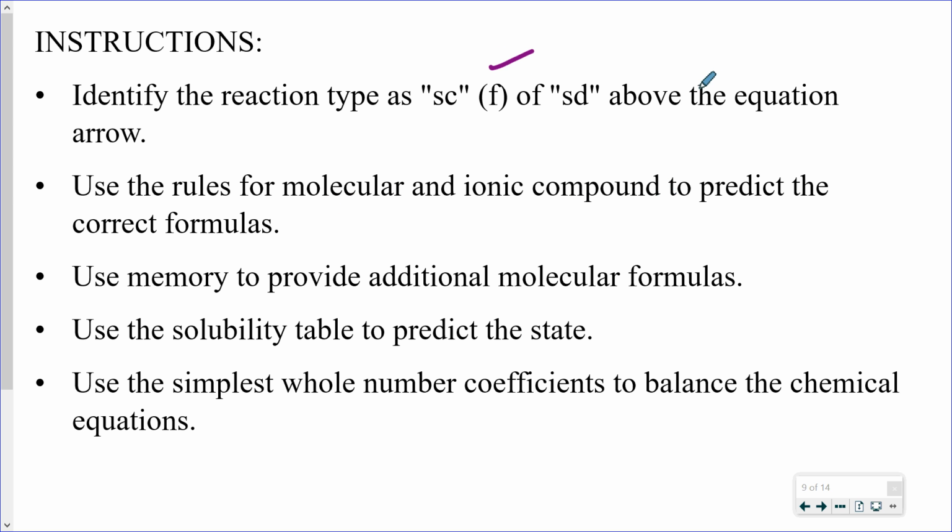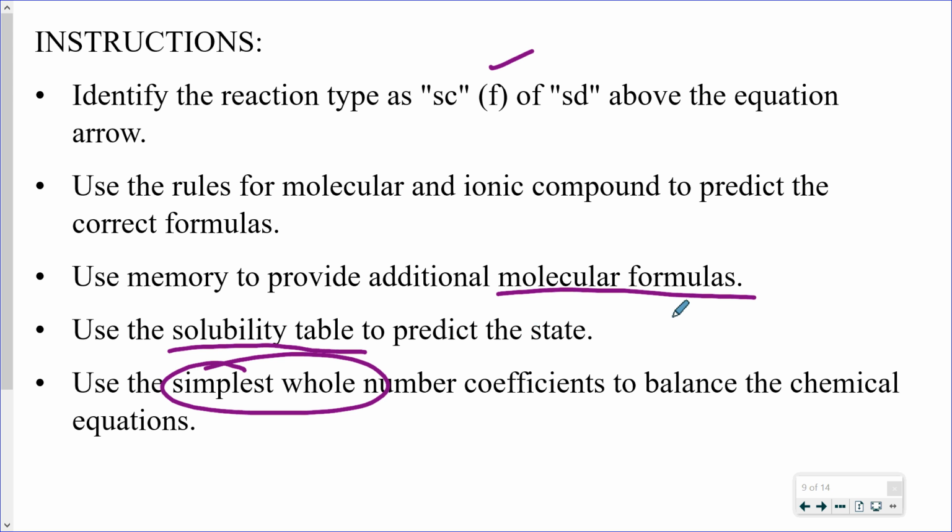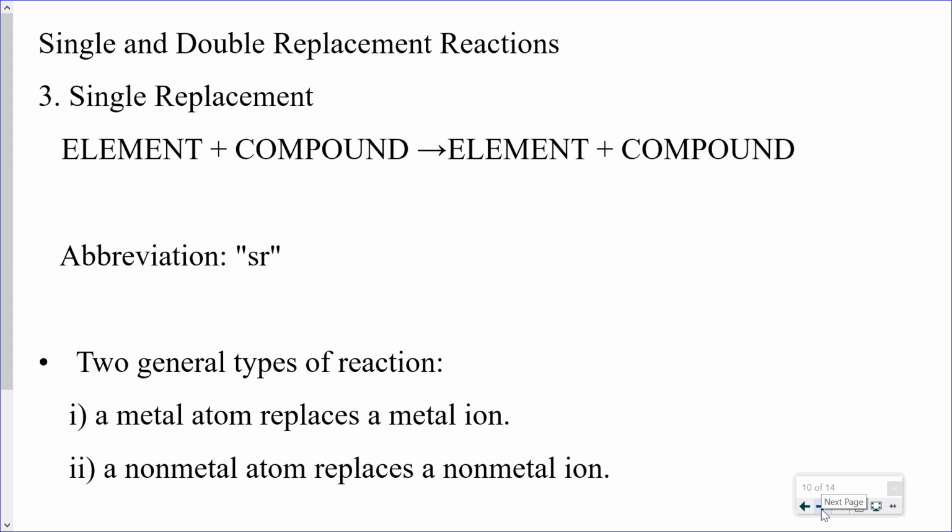That's just what we did as well. Some of the molecular formulas, you do need to remember, like water even. Use the solubility table. I haven't jumped back and forth between that, but you need to use the solubility table. And in the end, we're looking for the simplest whole number coefficients in order to balance it. So that will also apply to the single and the double replacement.